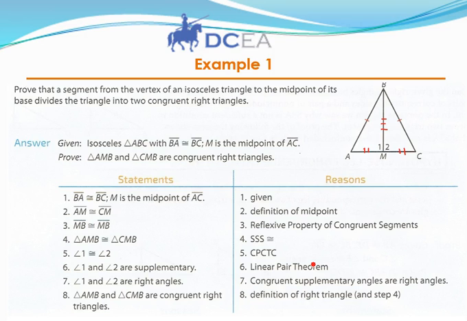So angle 1 and angle 2 are right angles. And that is congruent supplementary angles are right angles. And we can now state that triangle AMB and triangle CMB are congruent right triangles, and that's because of the definition of a right triangle and because of step 4, which was side, side, side.